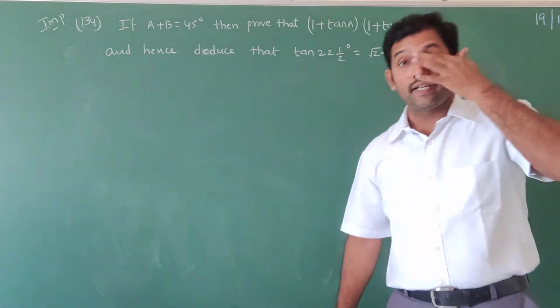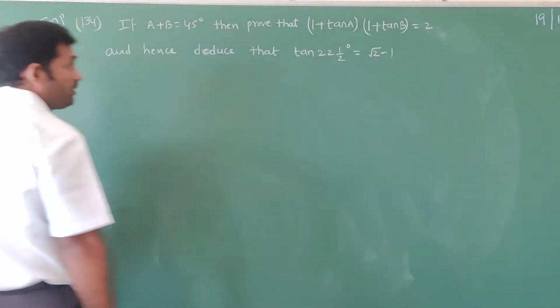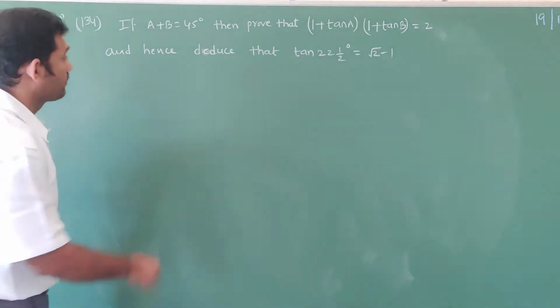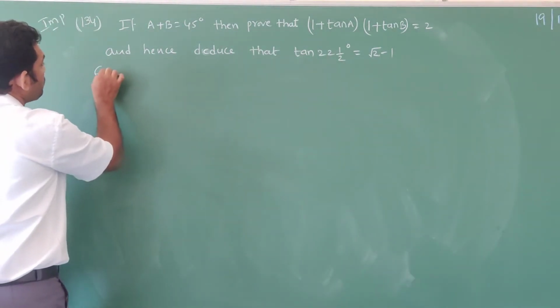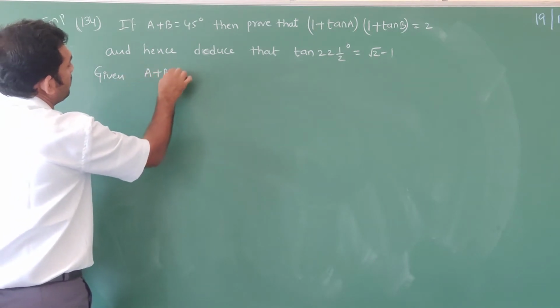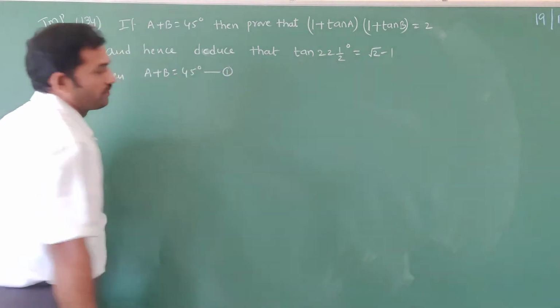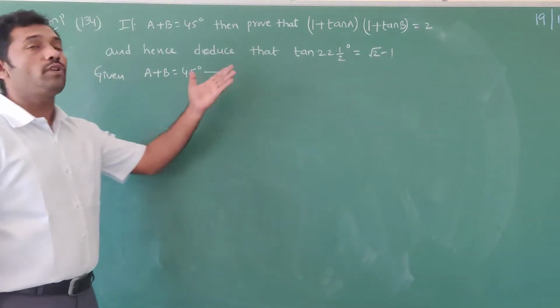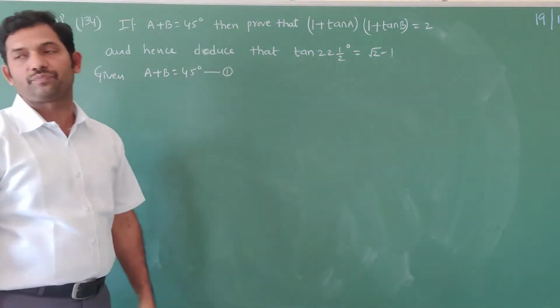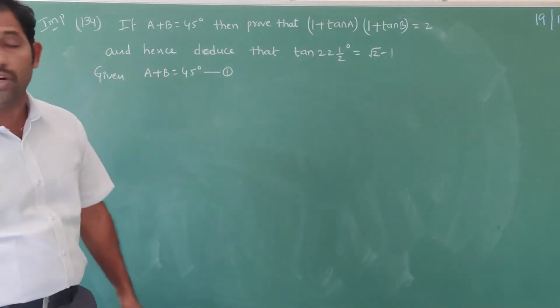So here the given condition is only A plus B is equal to 45 degrees. You take that as condition number 1. The solution in terms of tan is there.